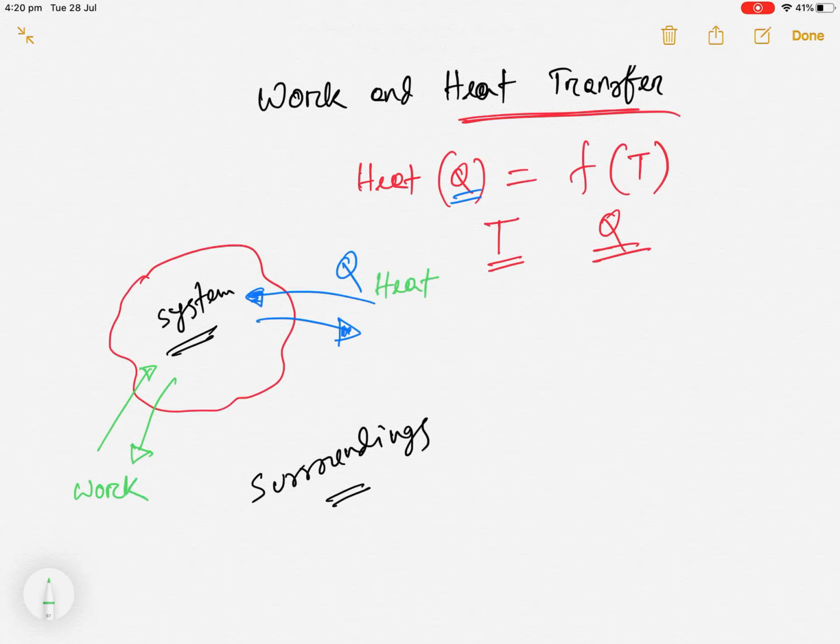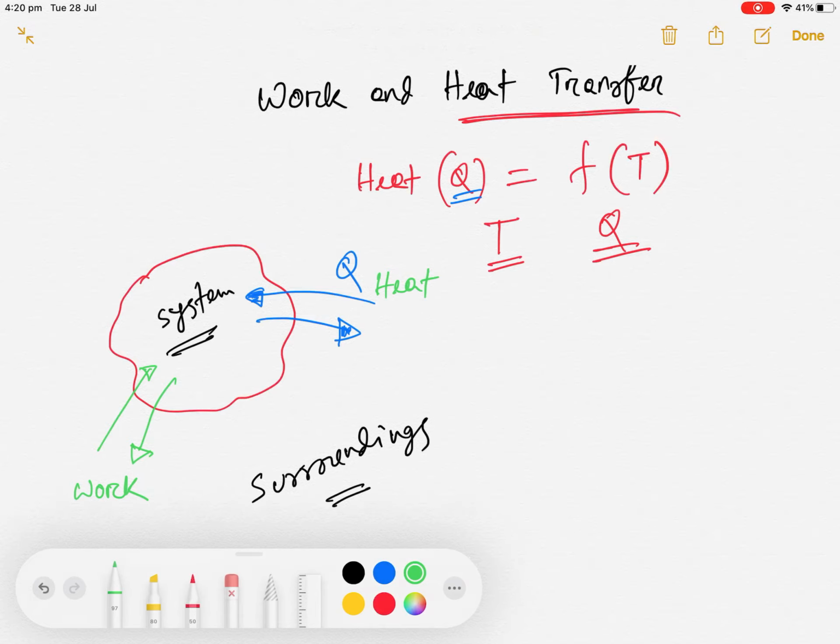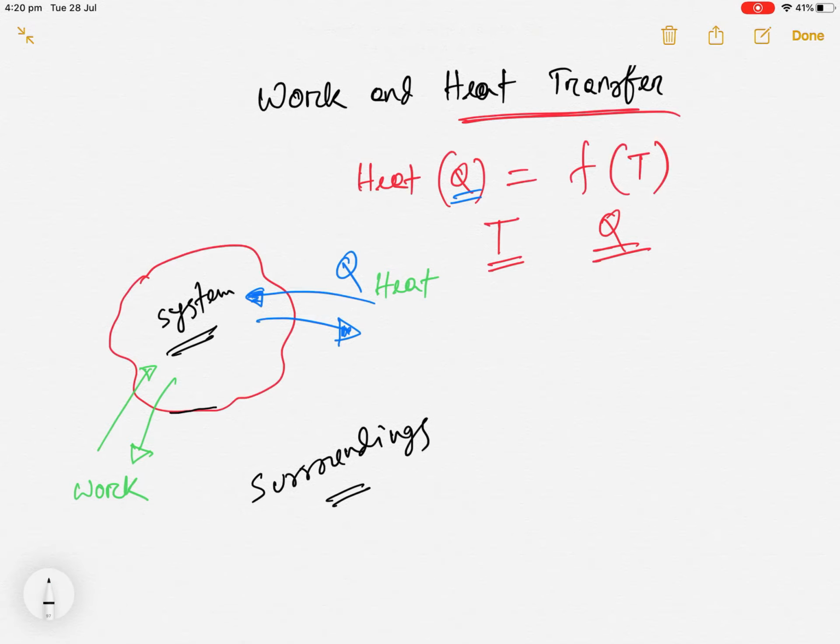That's the way the system interacts with the surroundings, and all of these interactions happen at the boundary. All the heat and work transfer and the interactions between the system and surroundings happen at the boundary, and this is the only way the system interacts with the surroundings.